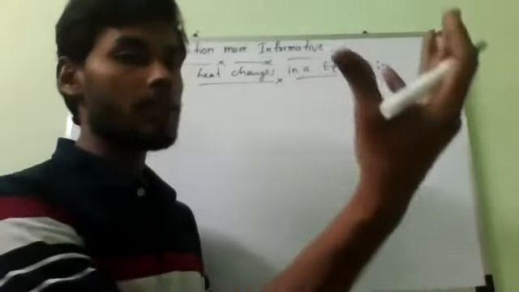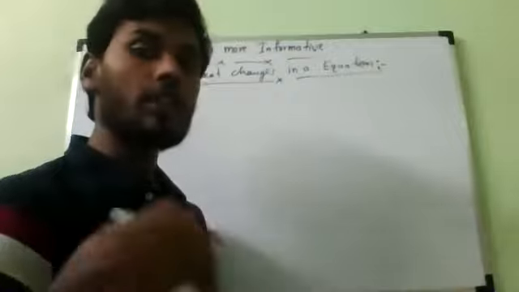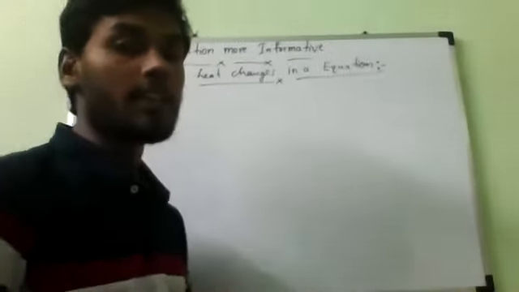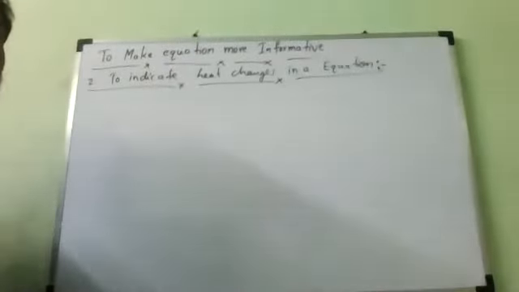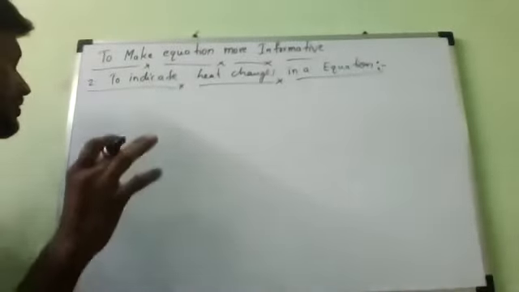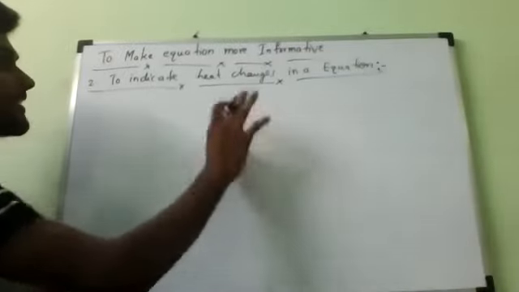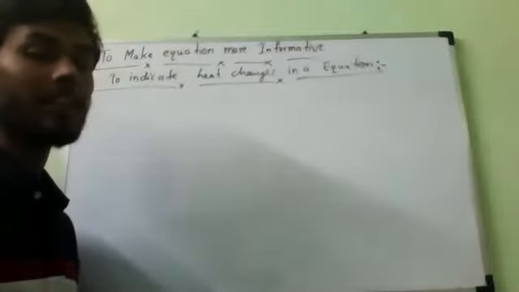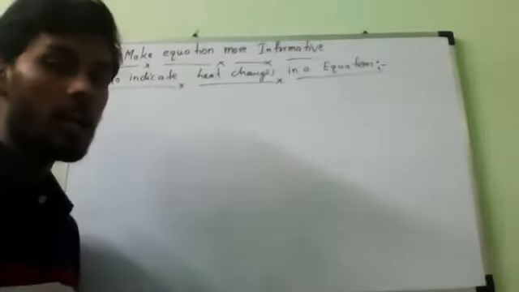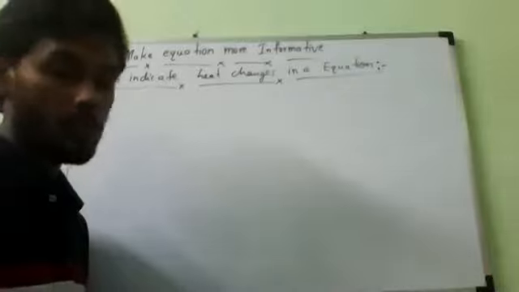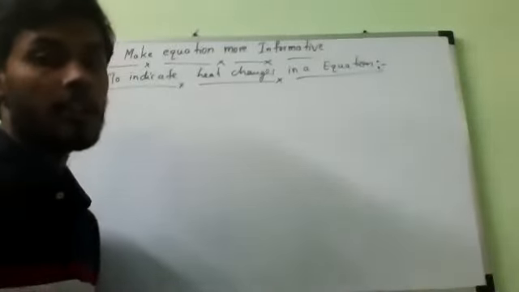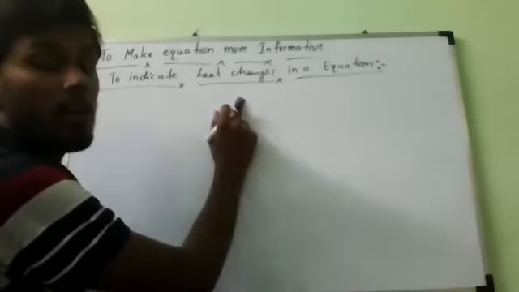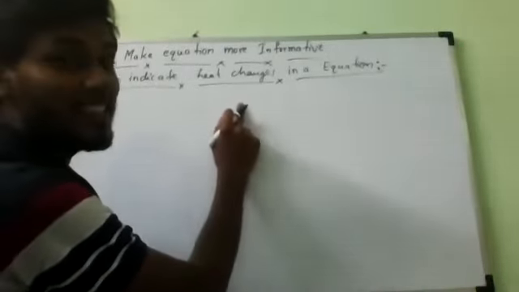Few reactions absorb heat energy, and few release excess heat energy. There is no other way: either heat decreases or heat increases. To indicate these heat changes in the equation, we can come to know whether heat is released or absorbed in the given reaction. So there are two types of reactions on the basis of the heat changes involved.